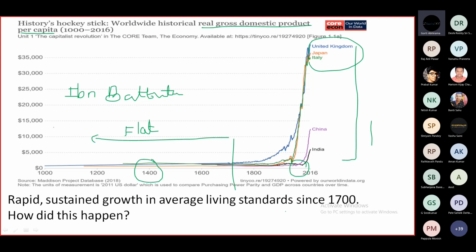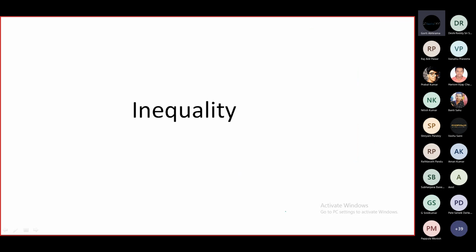But what has happened to inequality within the countries, which Battuta might have observed then also? There was a difference of rich and poor within a particular region. Let's have a look at how this inequality within a country has evolved for, let's say, some time period.